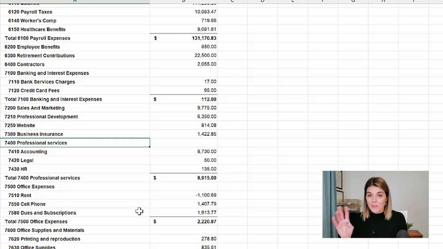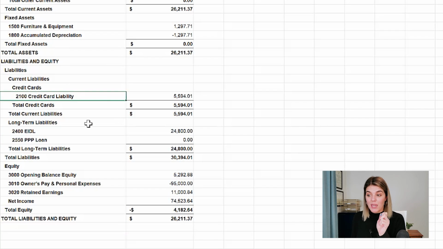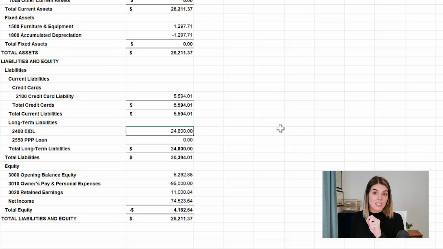Now, the really confusing thing about a profit and loss statement sometimes is people think if I've written a check for it or I've paid something, then I've spent the money and it should show up on the profit and loss. But there are a lot of caveats to that, okay? For example, paying debt is actually a balance sheet transaction. Let's say a payment was made on EIDL.